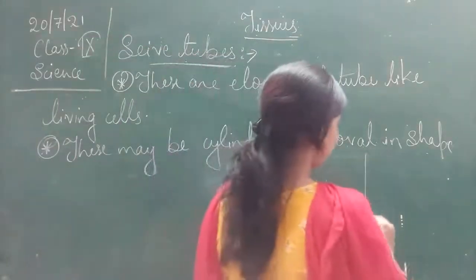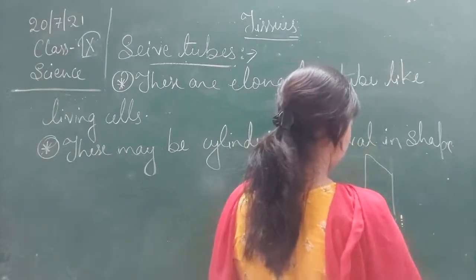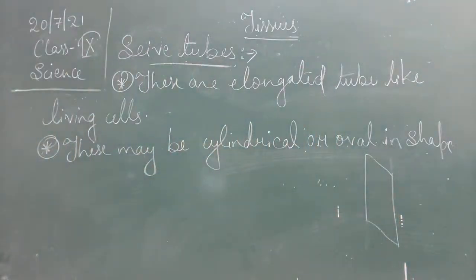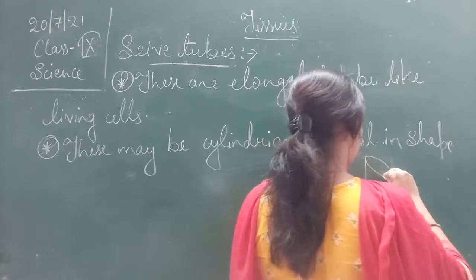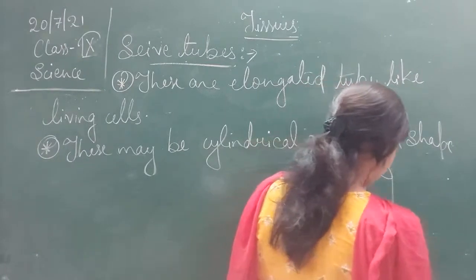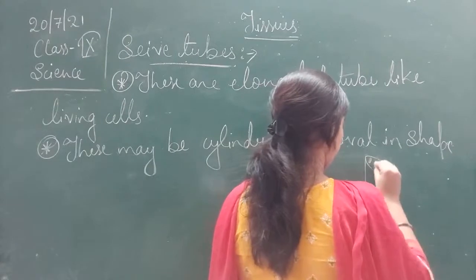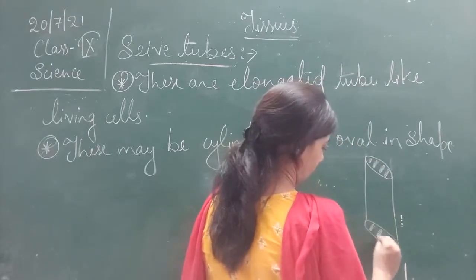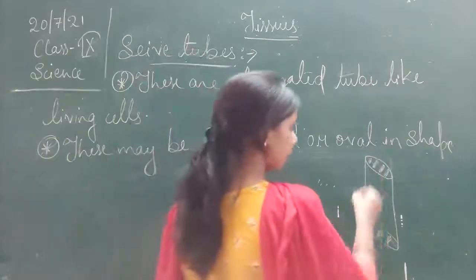In the case of sieve tubes, along with it there is a companion cell also which is attached with it.